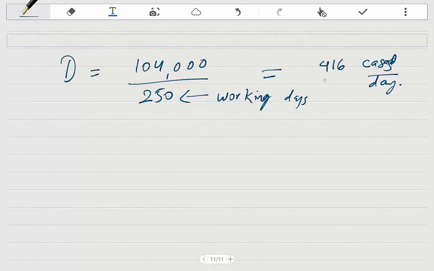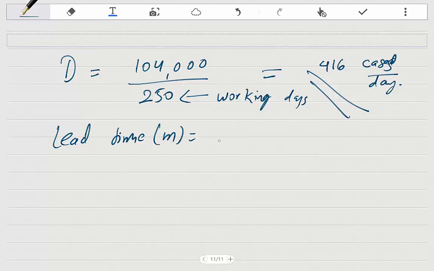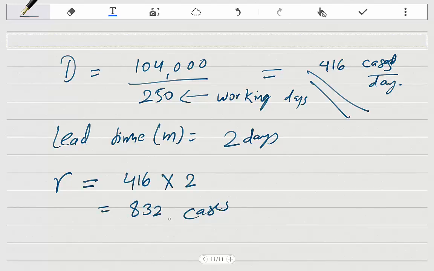Suppose the lead time is 2 days, then our reorder point is 416 times 2, so 832 cases. That means as soon as our inventory position hits 832, we should place an order. How big an order? We already calculated that. That was our Q star, which was 1824.